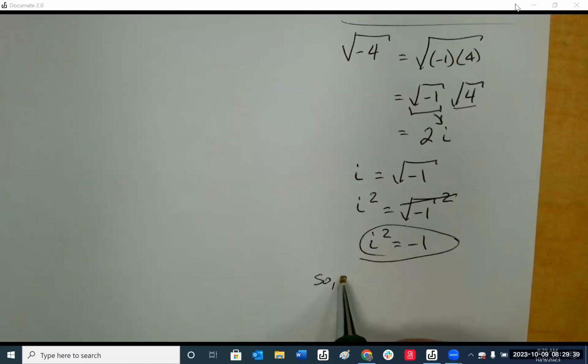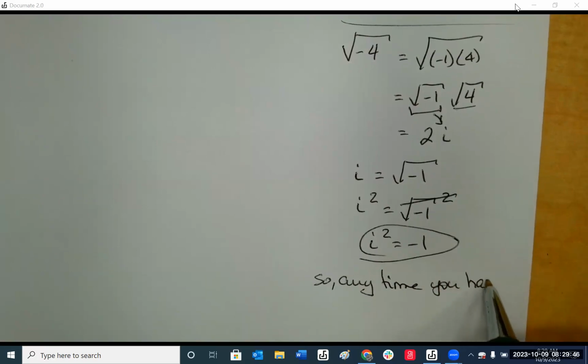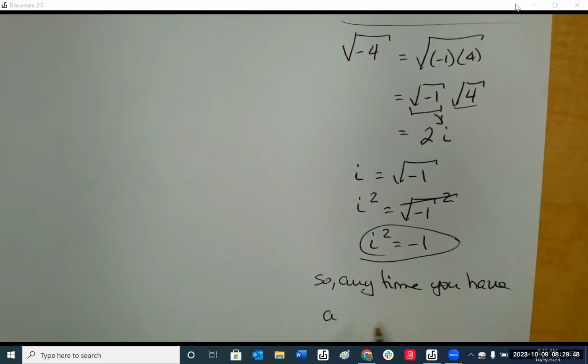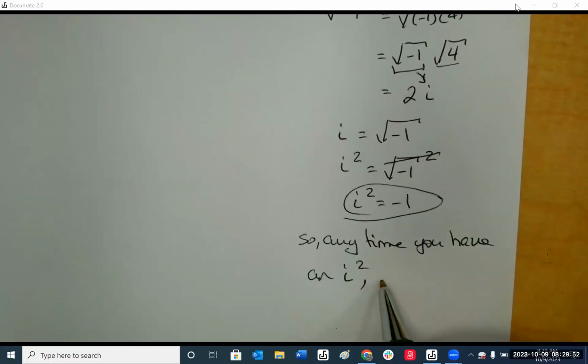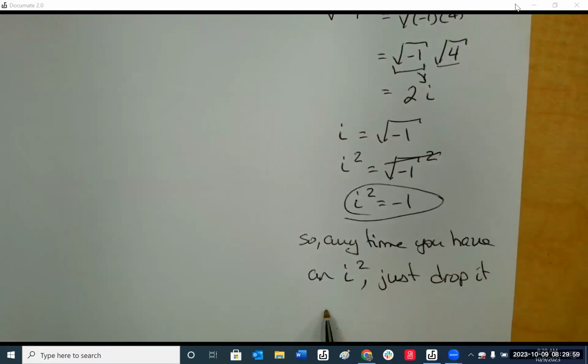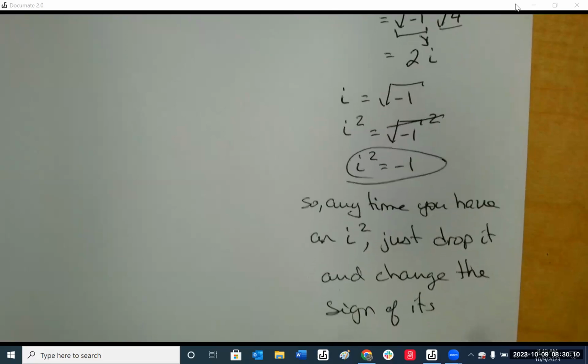So anytime you have an i squared, just drop it and change the sign of its coefficient.